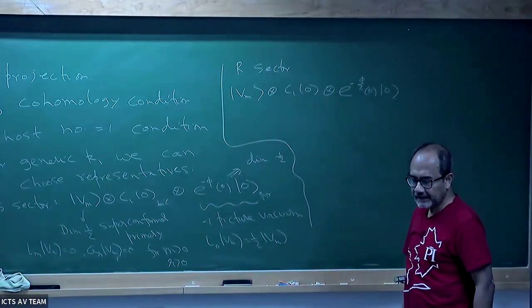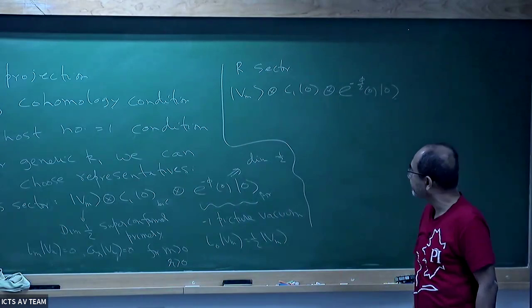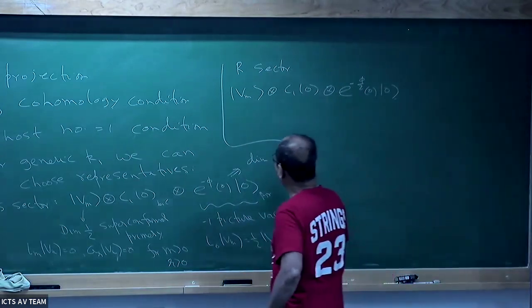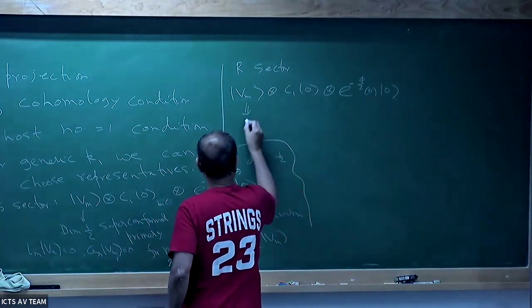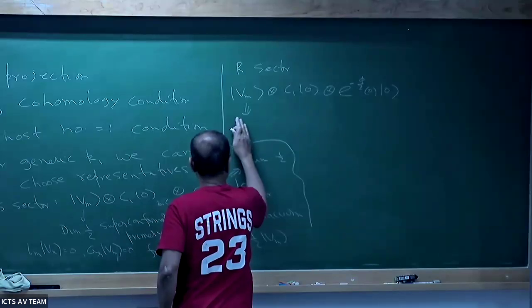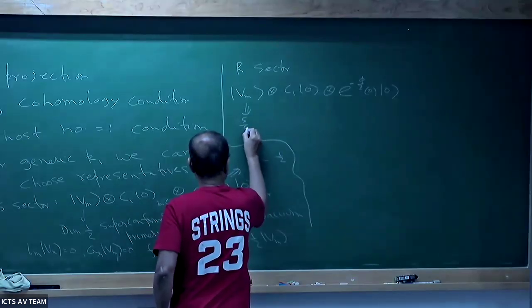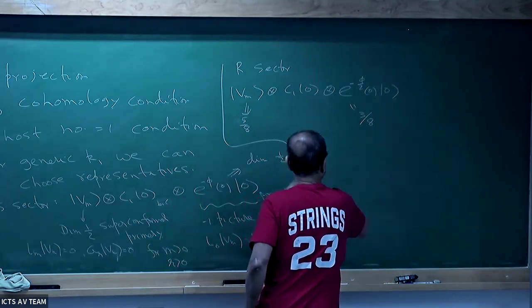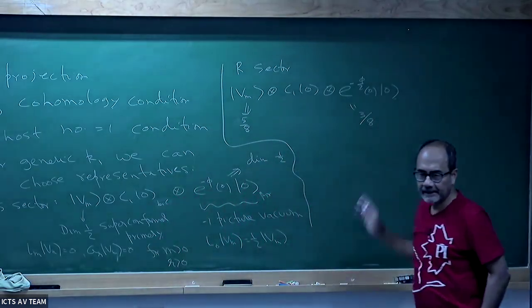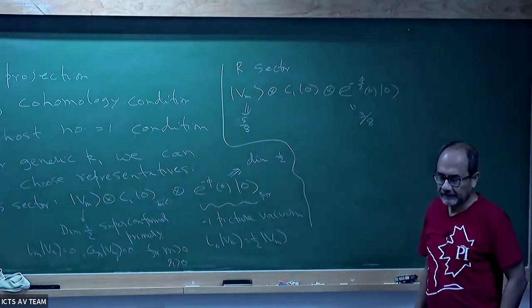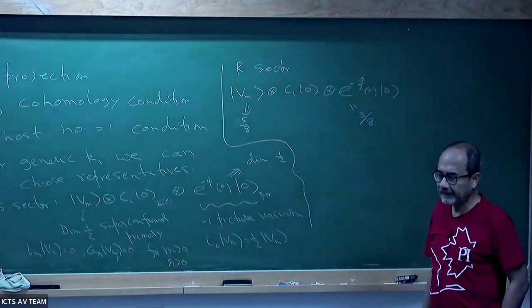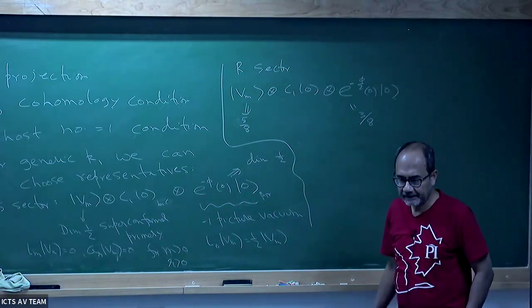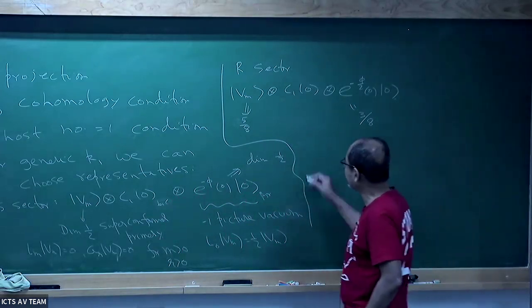Those are the canonical ones, just like in the case of closed strings. So this should have dimension 5/8, because this has dimension 3/8. These calculations are the same as the ones that we had done for the closed strings, except that you have only half of the sector. And these are minus 1.